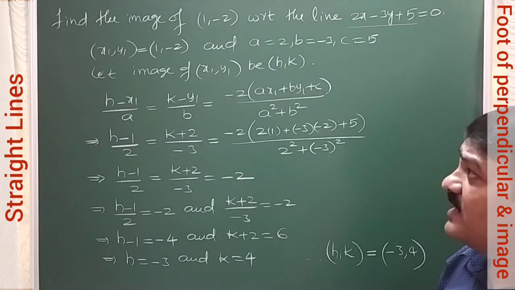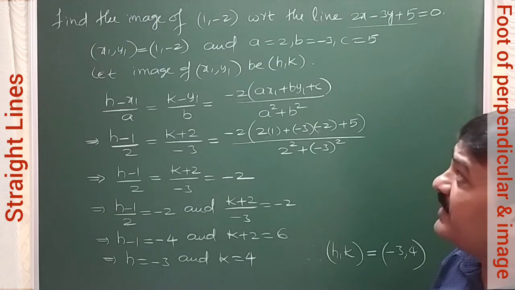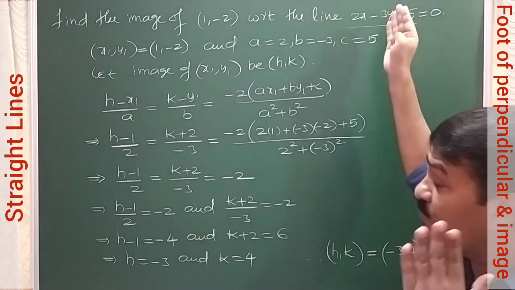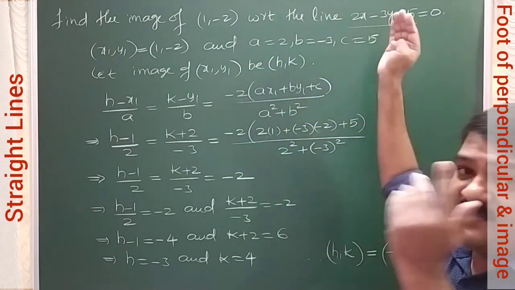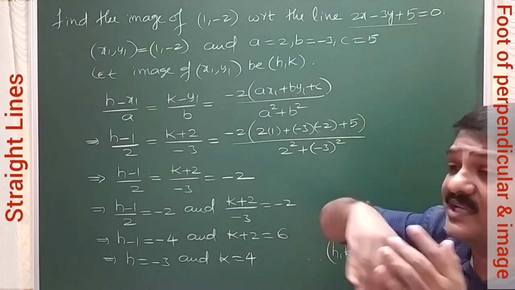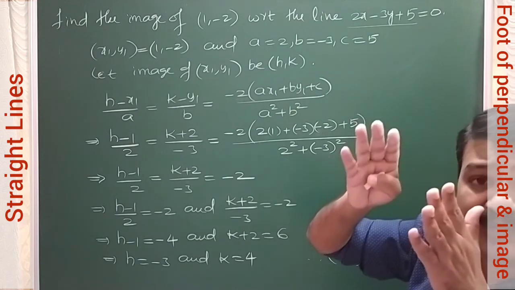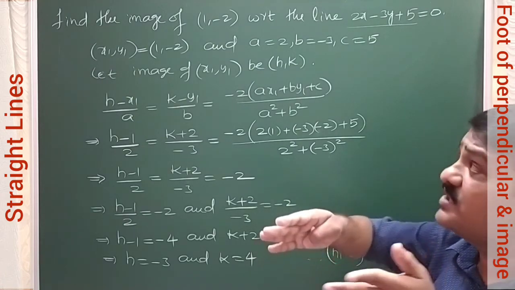Now using this formula, you can derive how to get the image of a point with respect to the x-axis, and the image of a point with respect to the y-axis. All these things you can derive. If you want the image of a point with respect to the x-axis, x-axis means y is equal to 0.